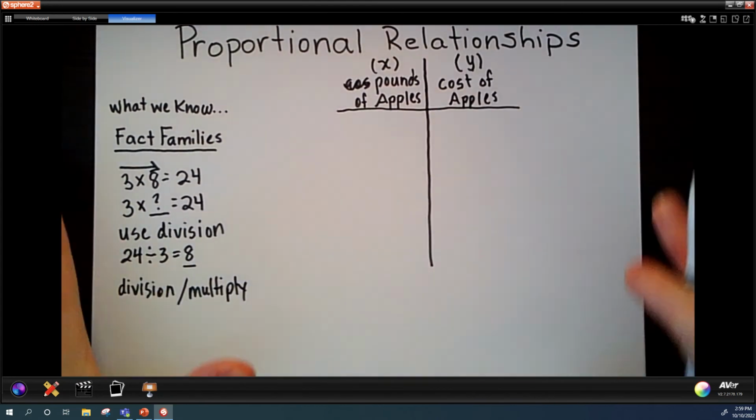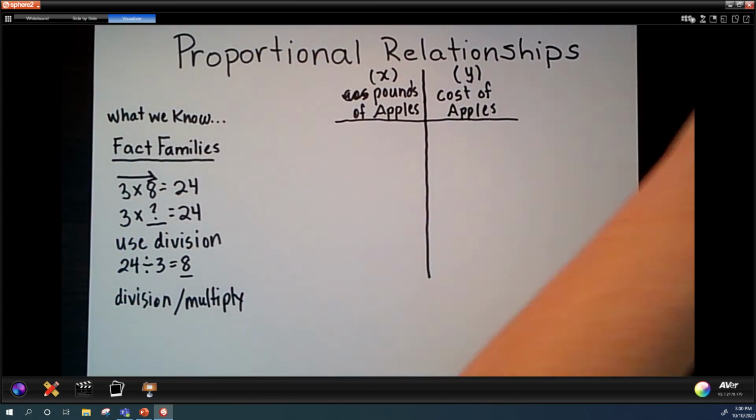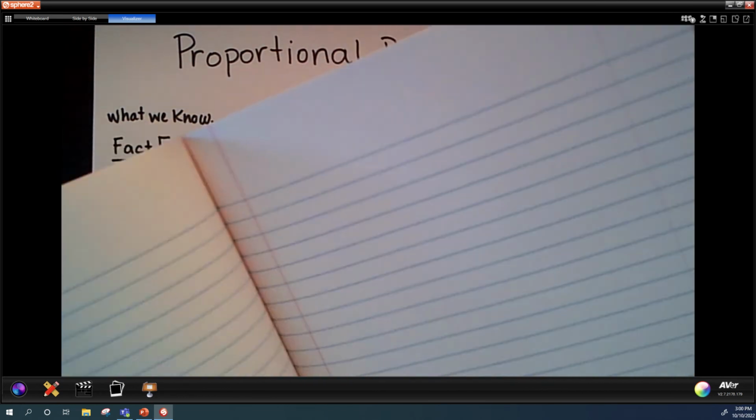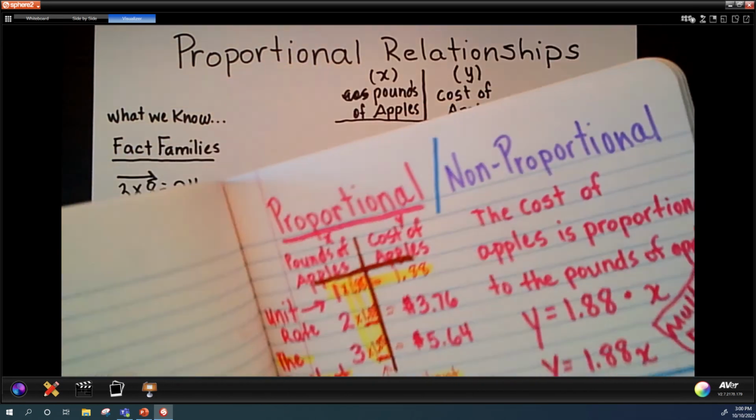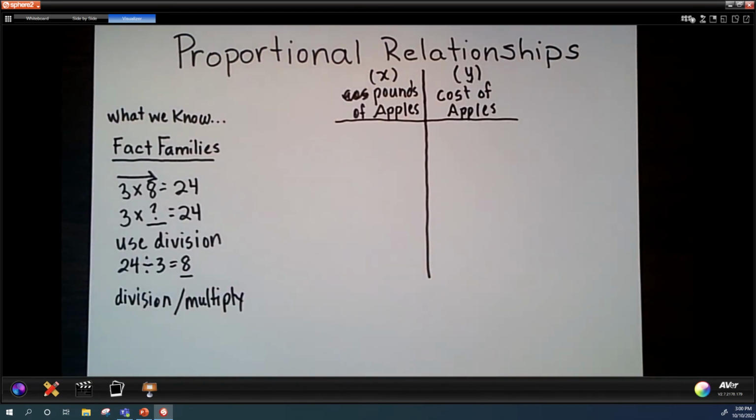Okay, so we did a couple examples, and I'm going to pull the one we did right into our notes, and talk you through it. We talked about how this is a proportional table.